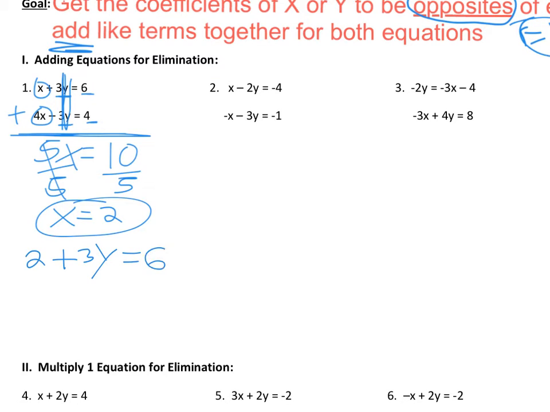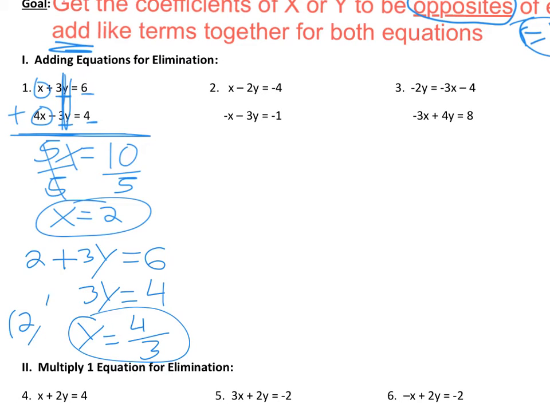So we're just working with that first equation. Subtract 2 from both sides, and we're going to get 3y equals 4. And this one's going to give us a fraction. So we divide by 3, and we're going to get y to equal 4/3. All right? Let's go to number 2. Okay, I forgot to put, remember, the answer. X is first, it's 2, and then 4/3.